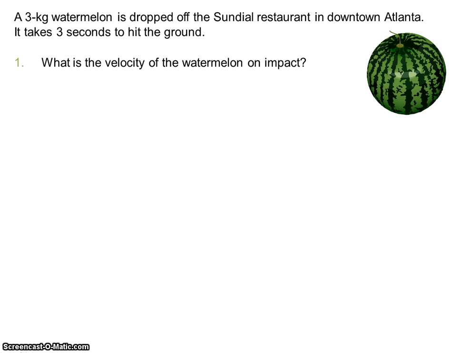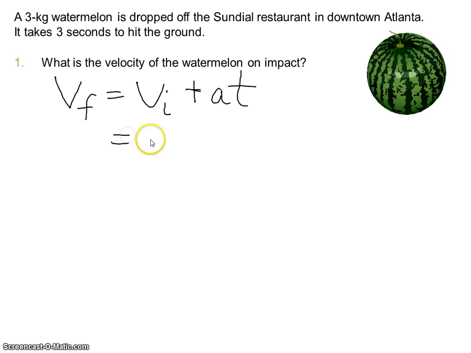So we have the watermelon, and we want to know what its velocity is when it hits the ground. So let's go back to that first formula. Vf is equal to the initial velocity plus the acceleration times the time. Well, the initial velocity of that watermelon is 0.